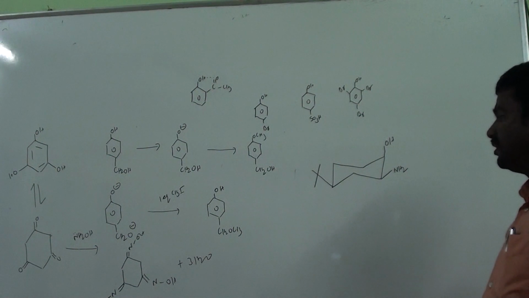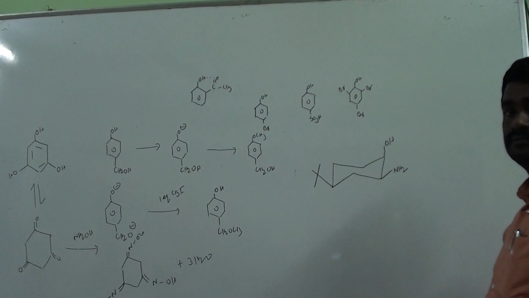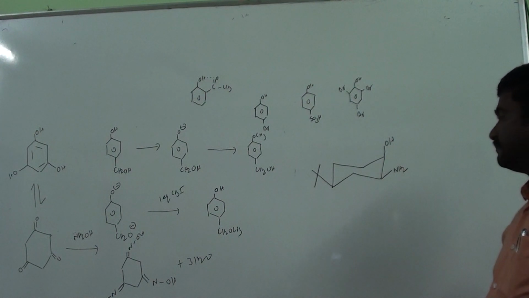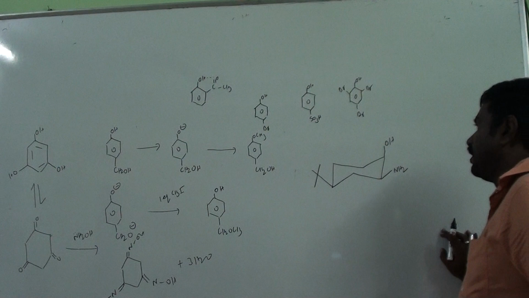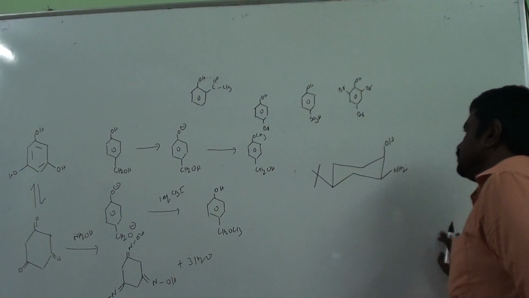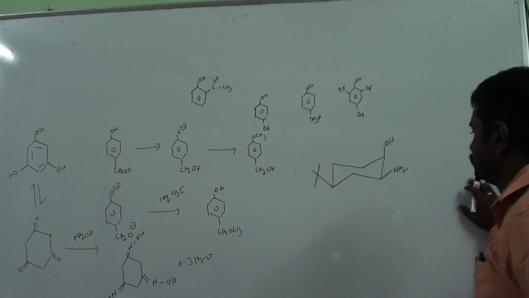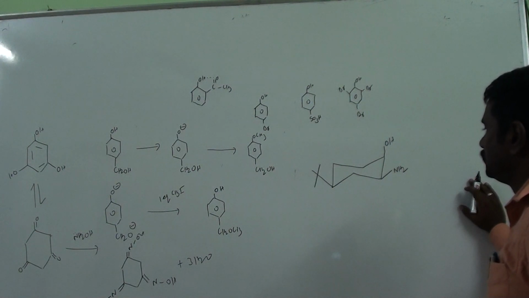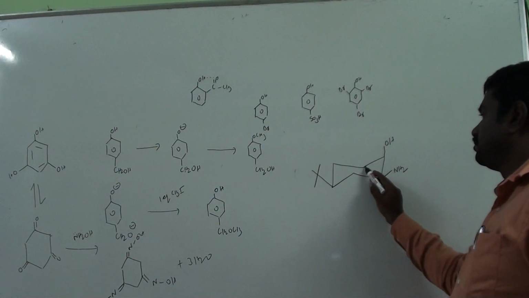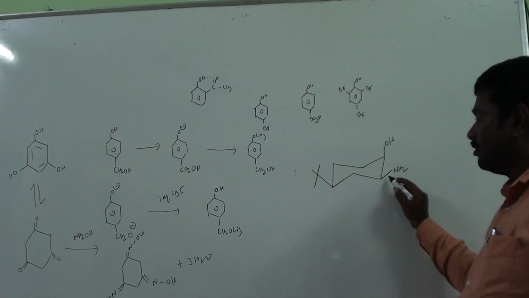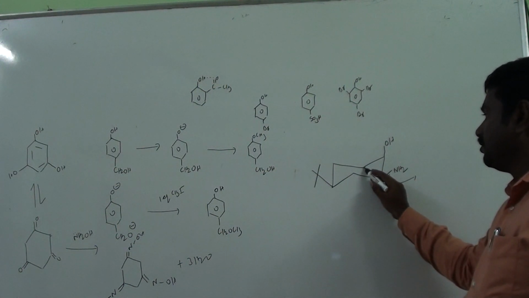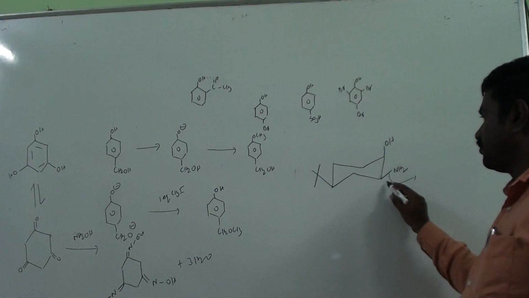Which is trans to that? There is no H. What will happen in this case? Ring contraction is the only option. This CH2 only will migrate. Ring contraction. When N2 goes, ring contraction. This is trans to CH2.